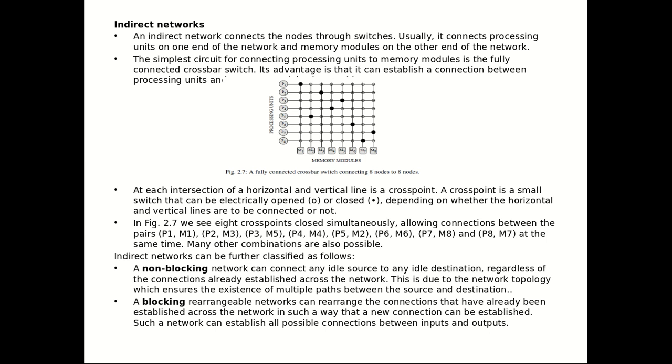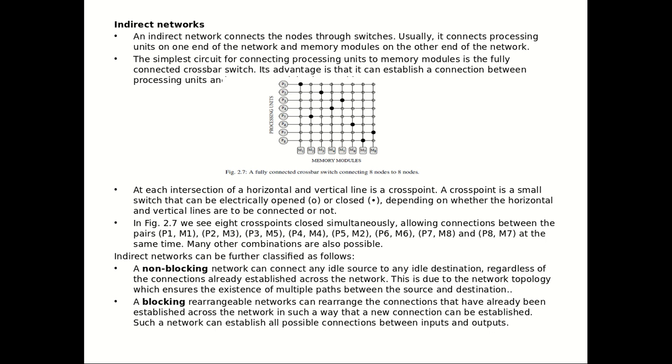So what is a non-blocking network? A non-blocking network can connect any idle source to any idle destination, regardless of the connections already established across the network. So if there is some source which is not doing anything and there is some destination which is not receiving any data, then we can directly connect those two, and we don't care about the connections already made in the rest of the network.